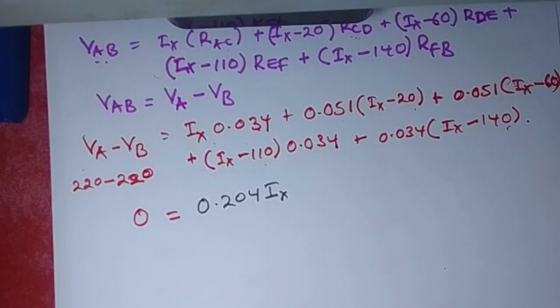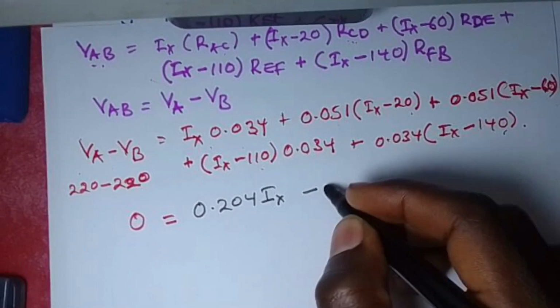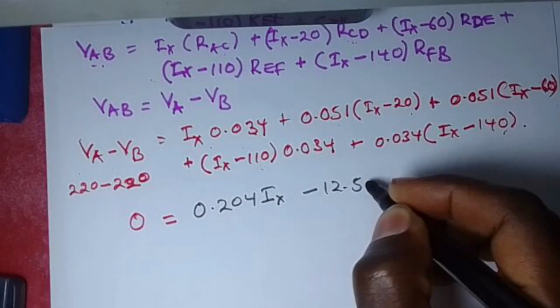So that is giving me a total of negative 12.58.